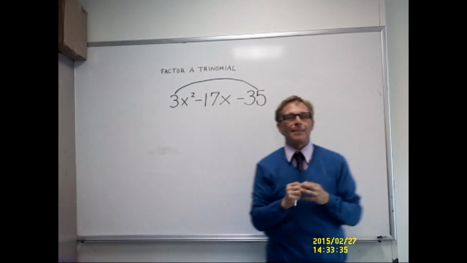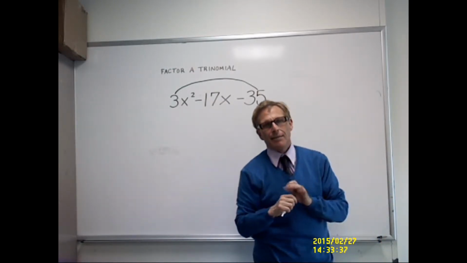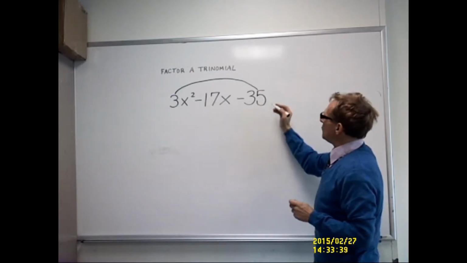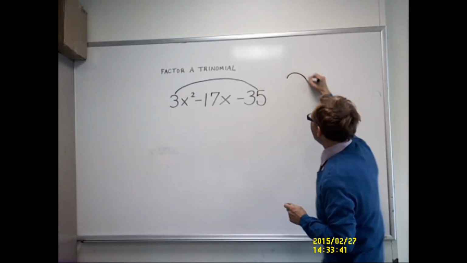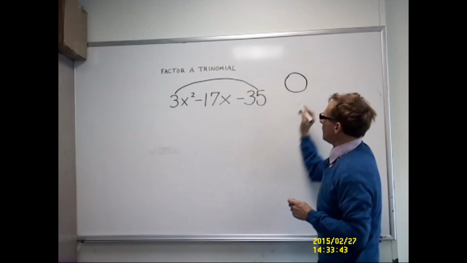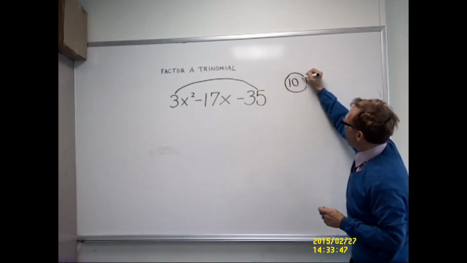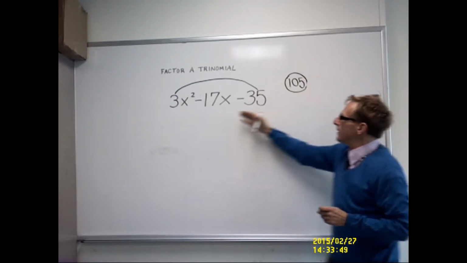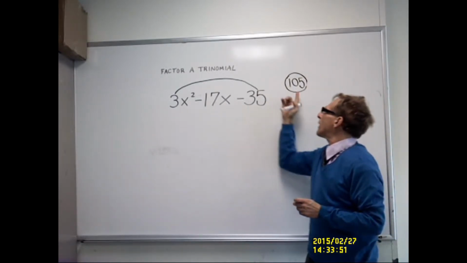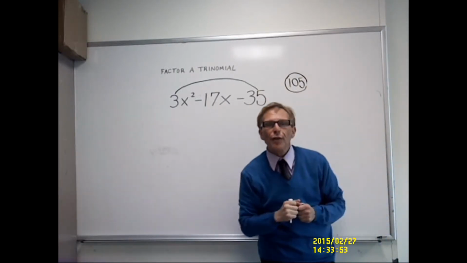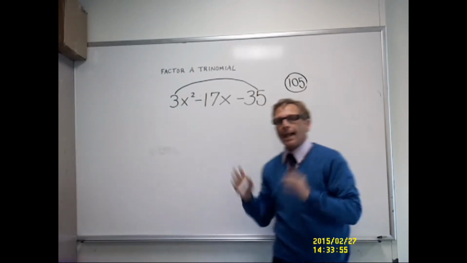You may have heard math teachers call that the AC method. And when we do that, we multiply. We're going to get a target number here of 105. 3 times 35, 105. I multiply the first and the last.